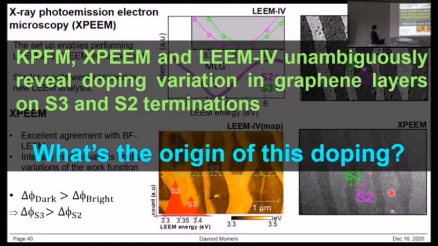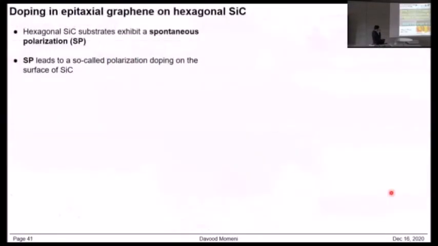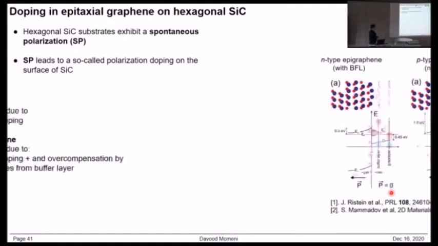So with this, we come to the question, what is the origin of this effect? We already showed that we have doping variation on these two types of terraces, but how can we explain this effect? We already know that hexagonal silicon carbide shows a so-called spontaneous polarization, and this spontaneous polarization leads to a so-called polarization doping in epitaxial graphene.